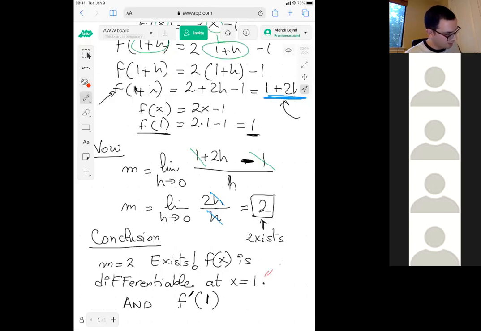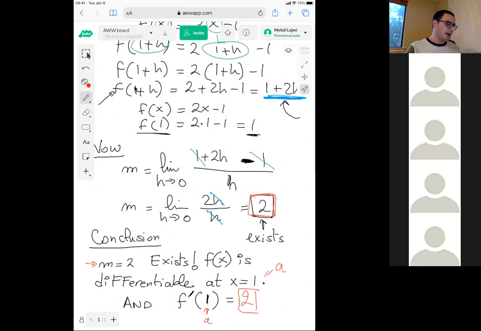So f prime of a, or f prime of 1, is equal to the number m, which we said is 2. So this function f of x is differentiable. The derivative exists at x equal to 1, and the derivative at 1 is equal to 2.